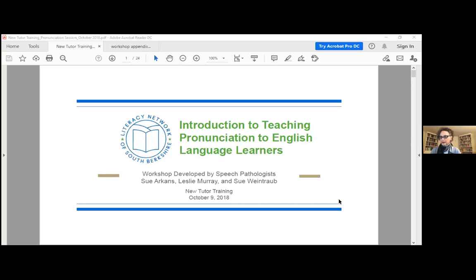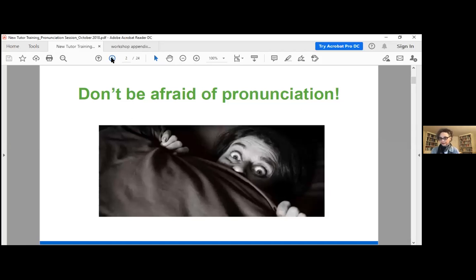So welcome everybody to our first and hopefully last Zoom pronunciation workshop. The purpose of the workshop is to teach you how speech sounds are produced and how to incorporate it into your lesson when you're tutoring. This is not about accent reduction. It's just about helping your student to be more intelligible in the outside world.